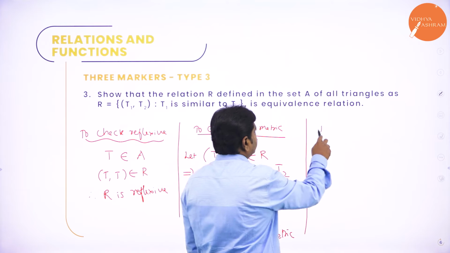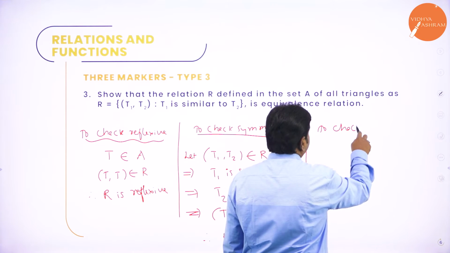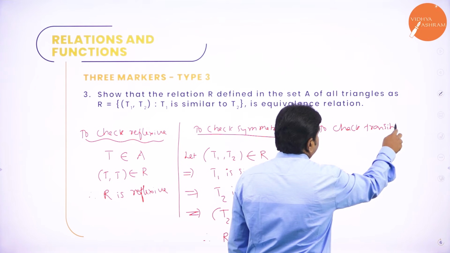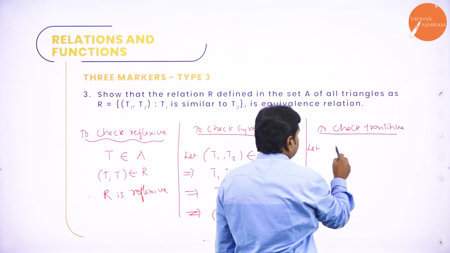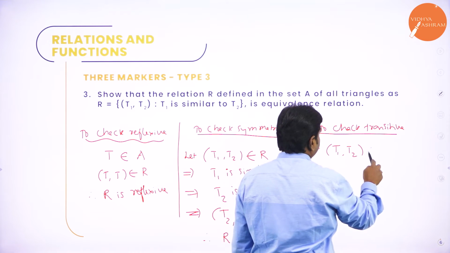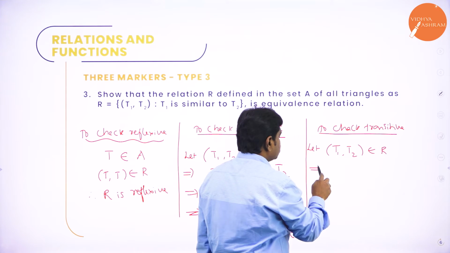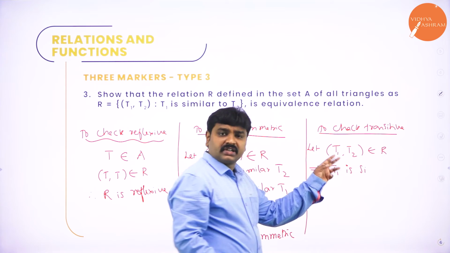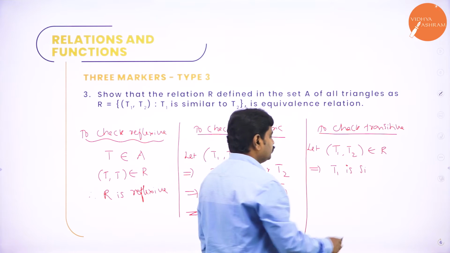Further, to check transitive, let T1 comma T2 belongs to R. That implies T1 is similar to T2.